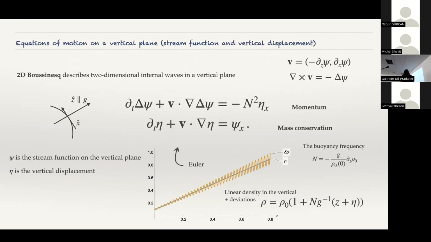And if you write these equations on the vertical profile, so I'm going to work today in 2 dimensions, because 2 dimensions has, as I'll show you in a few slides, another conservation law, which I'm going to use to simplify the kinetic equation that I'm going to write.